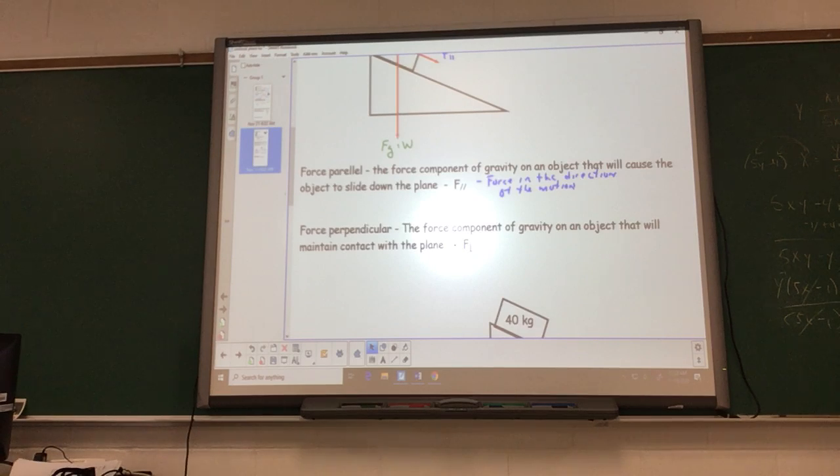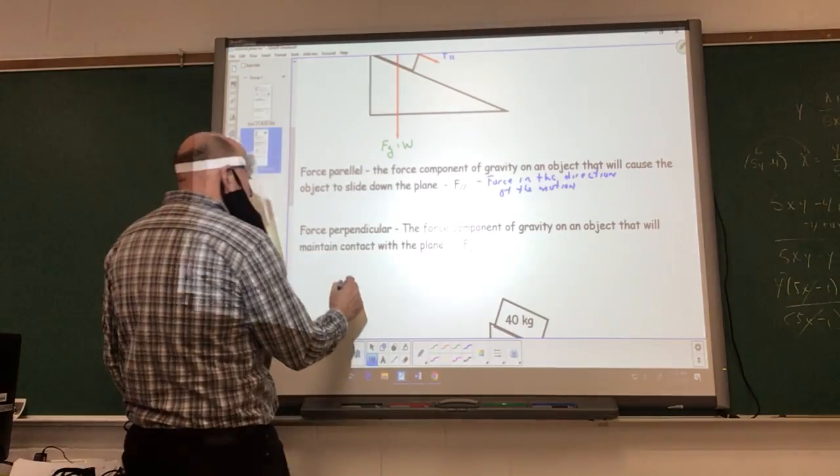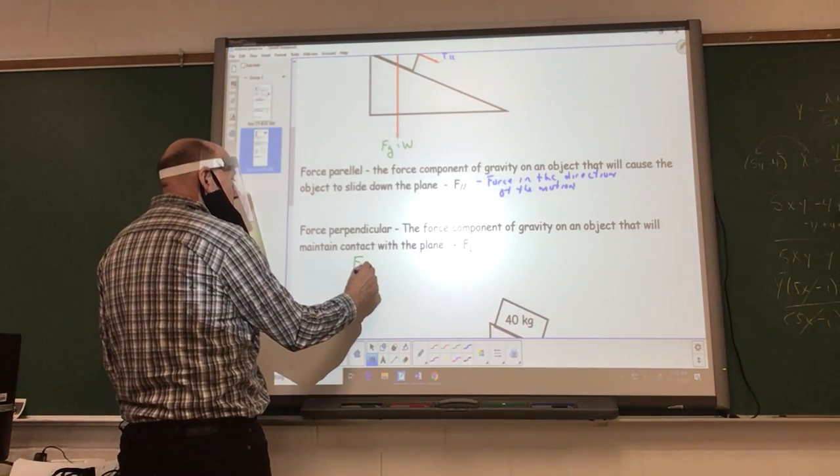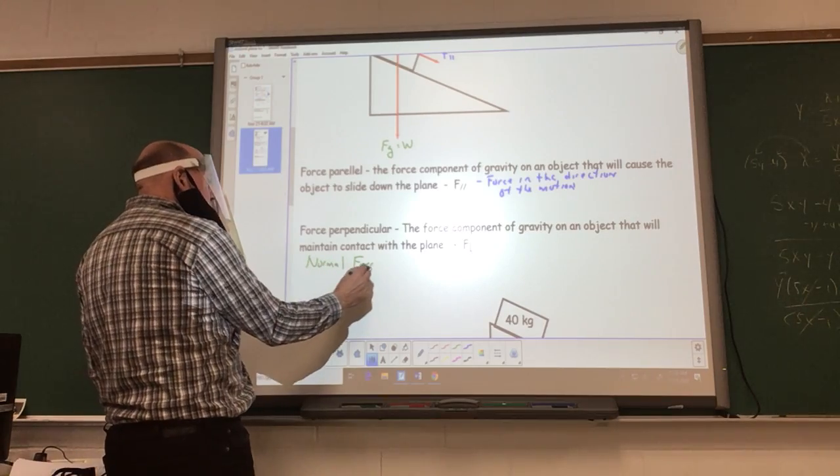It pushes it down on the plane. This is also called a normal force.